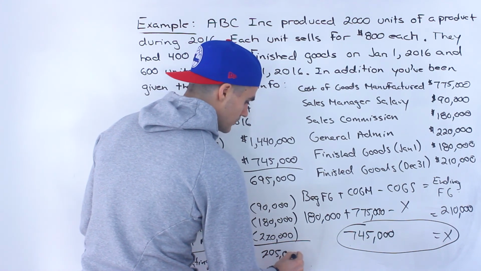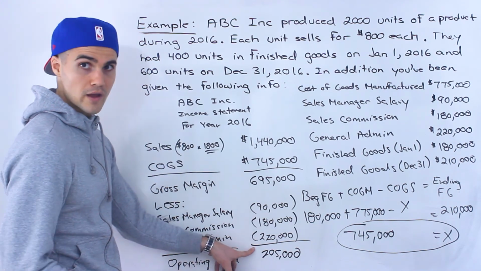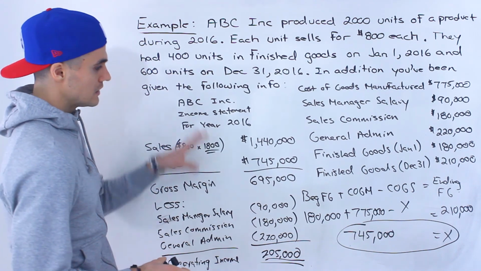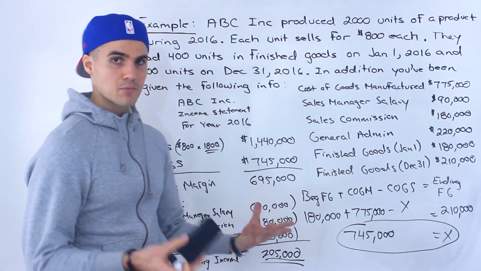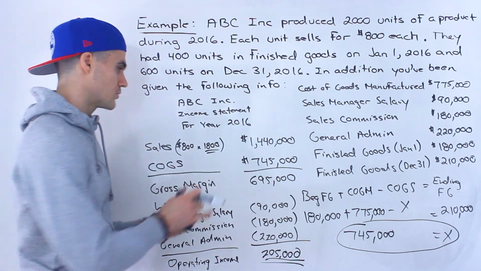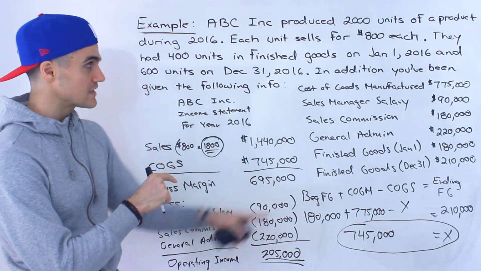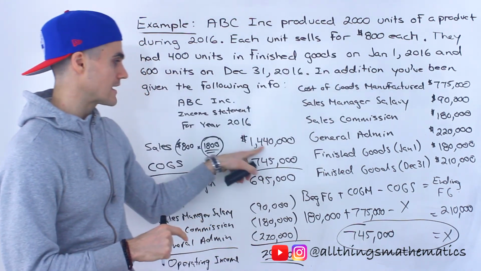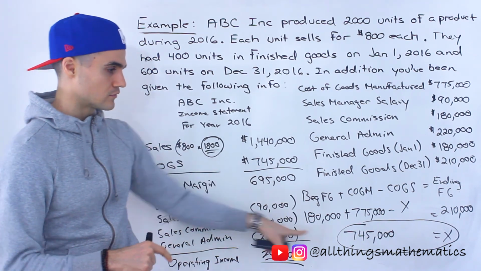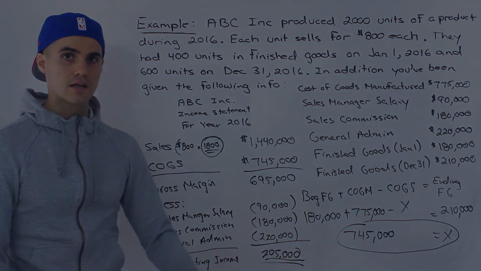Whether that's net income, whether that's what your textbook labels it, or operating income, either way, the final line for this example is 205,000. Right? So that there is the income statement. That's number 3. And what was a little bit tricky, what was a little bit unique, was figuring out the units sold and then using that to multiply it by the 800 to get that sales figure. And then we also had to do work on the side to get that cost of goods sold of 745,000. But after you get all that, the rest is pretty smooth.